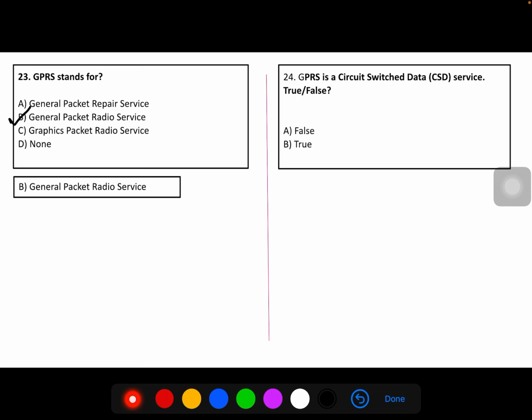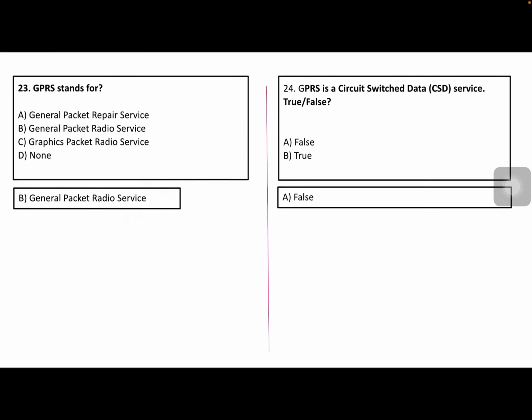In the case of GPRS, both voice communication as well as the data part are included. So it is a packet switched data service, not a circuit switched data service. So it is false. So the correct option is A.